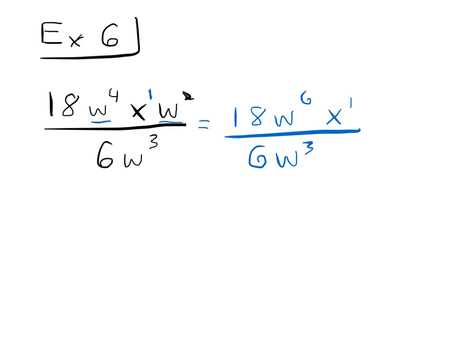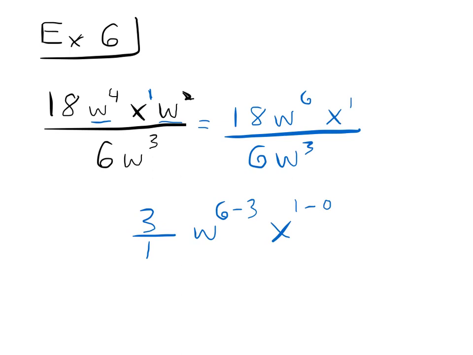Okay. Well, can we simplify 18 divided by 6? And the answer is yes. 6 goes into 18 3 times. So that would simplify to 3 over 1, or you could just write 3. And then you would have w to the 6 minus 3, and then x to the 1 minus, are there any x's down here?